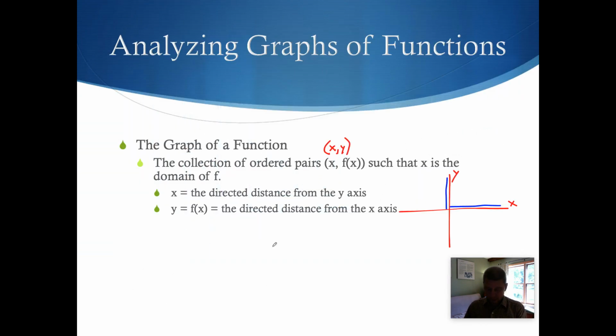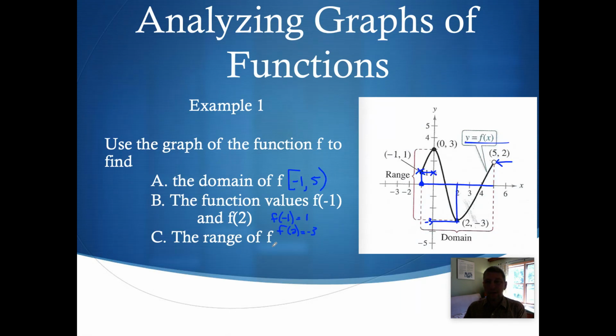And both of these numbers are included, gosh darn it, included in the range. And so I'm going to put both of them in brackets. So negative 3, 3. So this is the range. This is the domain.